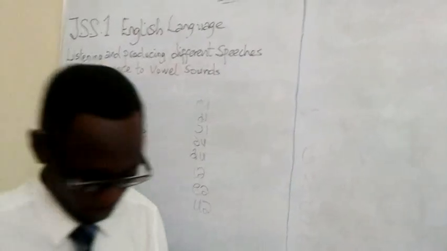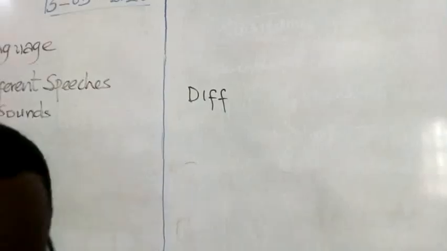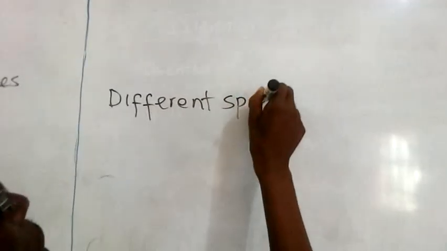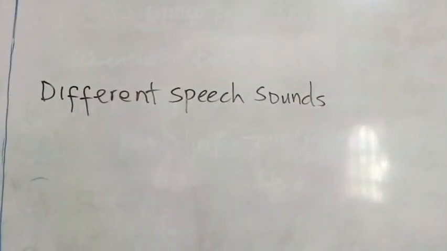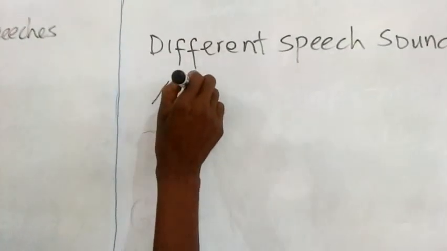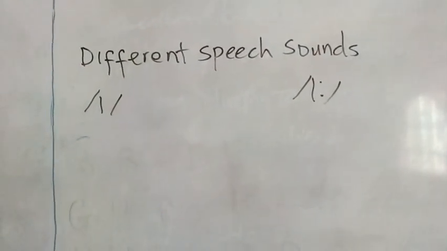Different vowel speech sounds. So our reference now will be the short E and the long E sound. We're going to look at how they occur in words.